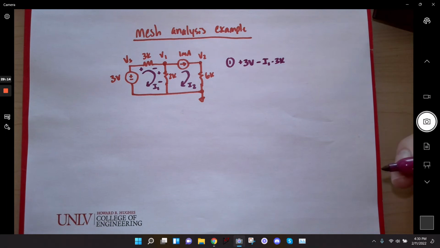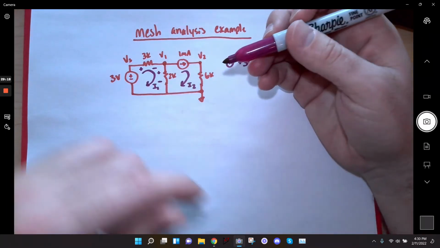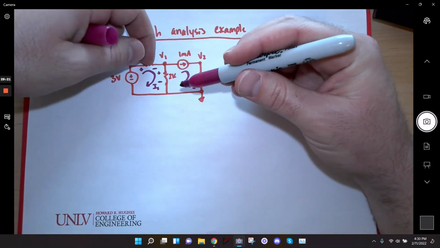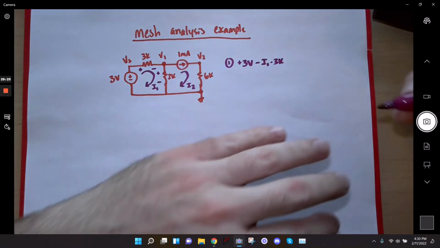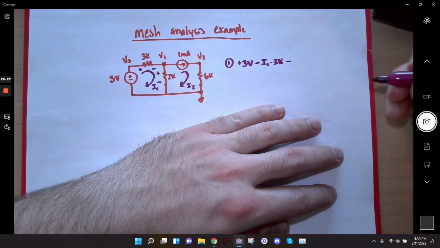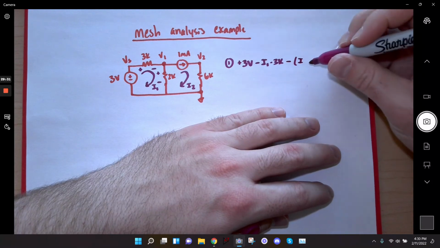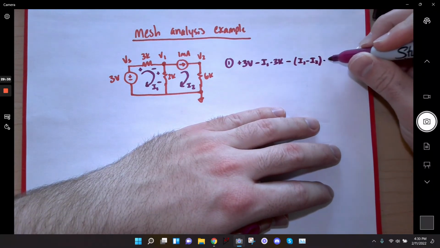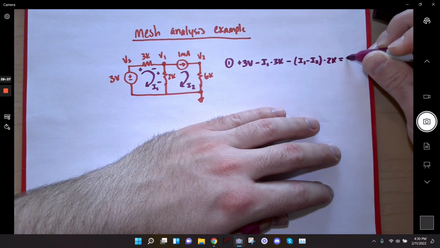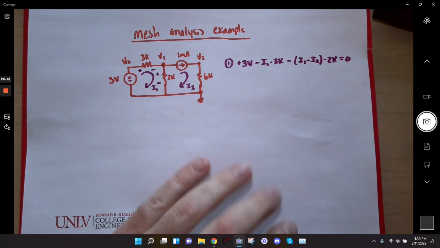In this case, I'm going to subtract I2 from I1, because the current flowing through this 2K is going to be whatever my I1 is minus whatever my I2 is. So I'm subtracting because I'm dropping voltage across the resistor, but the current that's flowing through that resistor is I1 minus I2. So I take that and I multiply it by 2K, and I set the whole thing equal to 0. Okay, so we got our first loop.